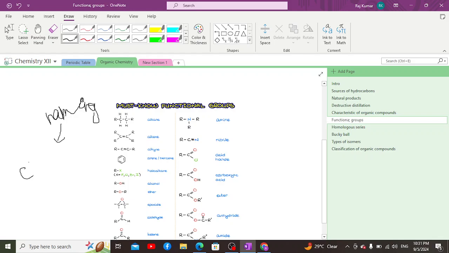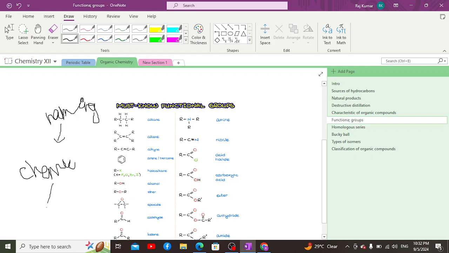The second major reason for studying functional groups is chemical reactivity, because whenever there is a reaction with an organic compound, the functional group takes part directly in the chemical reaction, due to which it plays a role in chemical reactivity.